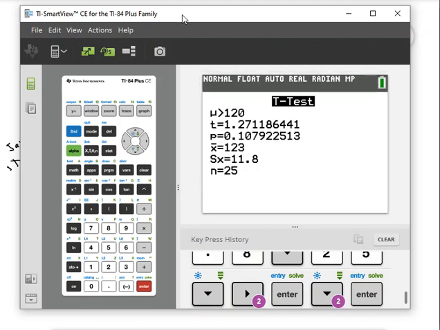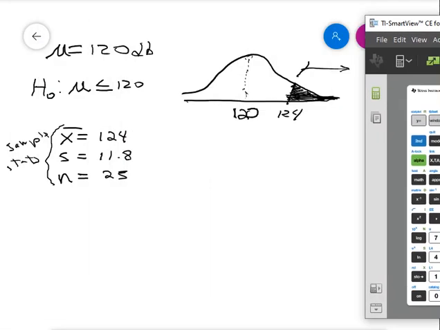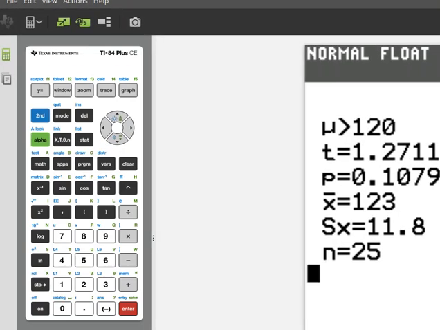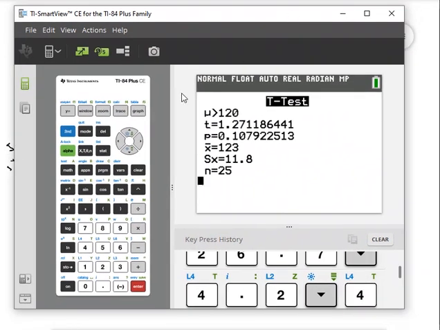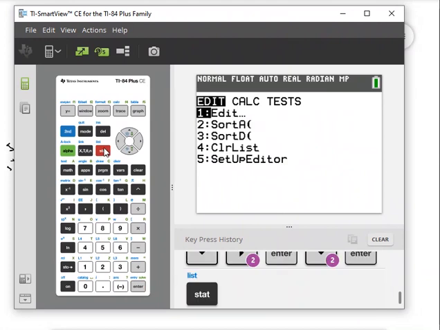Okay, so we ran the t-test. I have to click this very slowly.